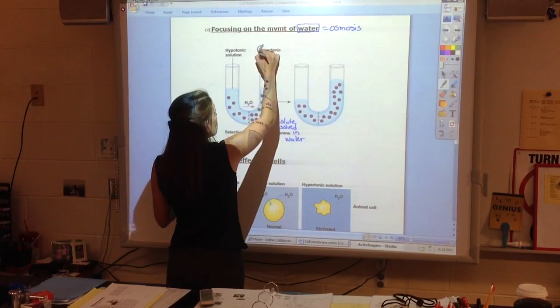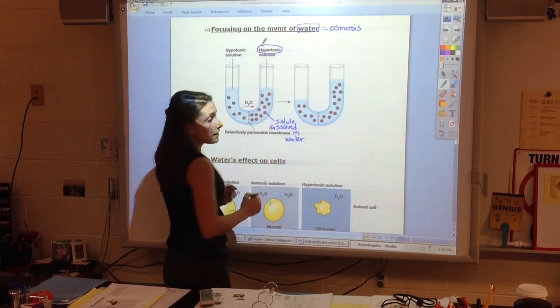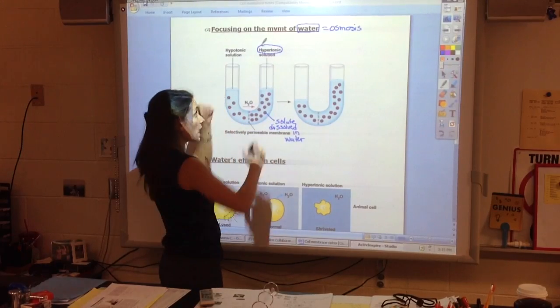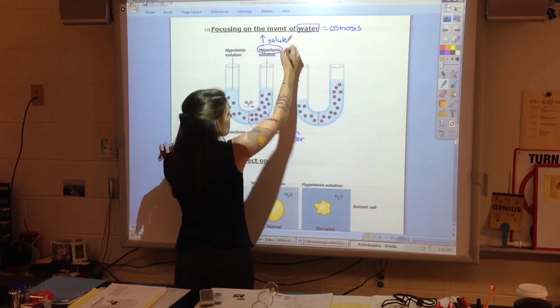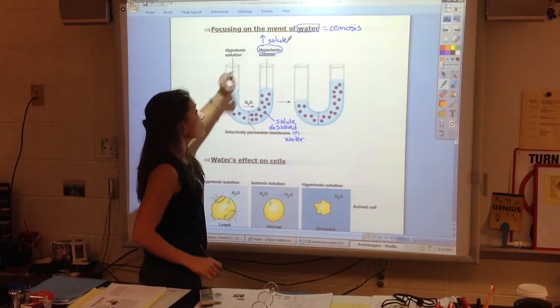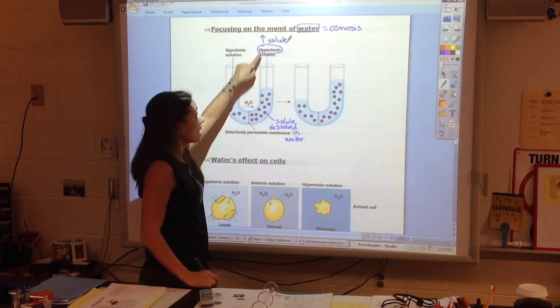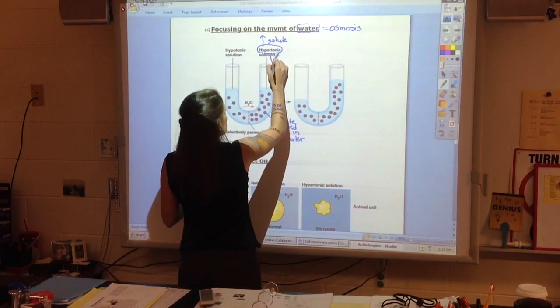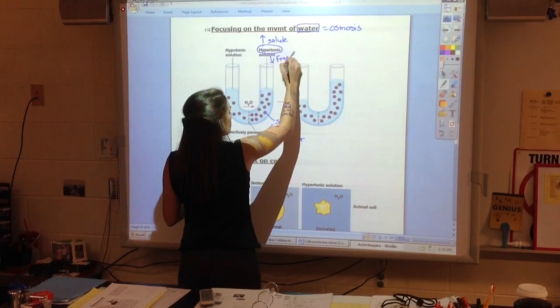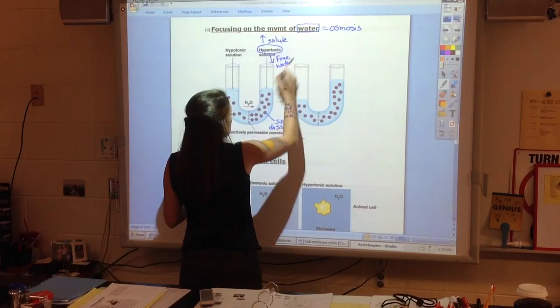Well, we actually have a word for more solute, and that's hyper, like high, solute, or tonic. So a hypertonic solution has a high amount of solute. And what that means is less free water molecules because they're attracted.